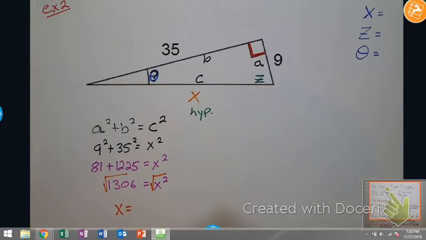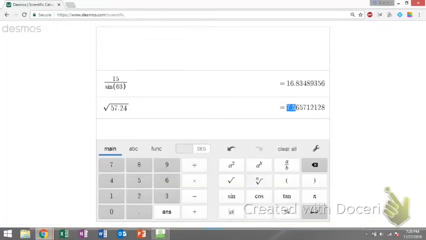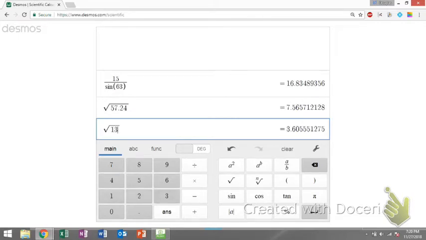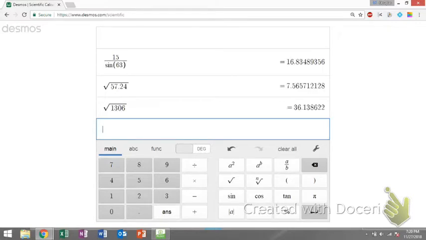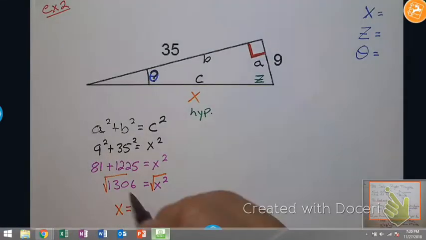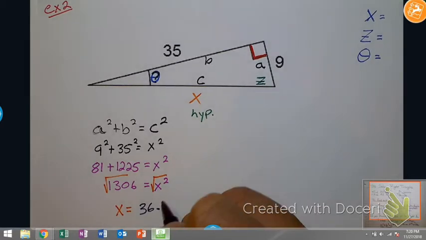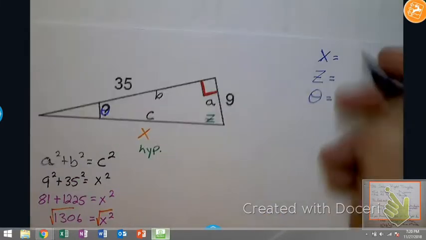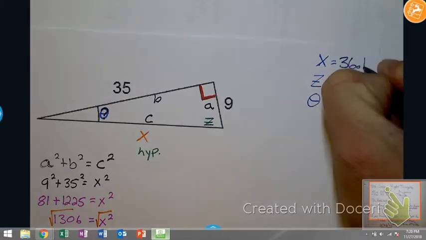X is going to equal, let's use our calculator to find that. Square root 1,306. We get 36.138622. Let's round that to the nearest tenth for the sides. X is going to equal 36.1.